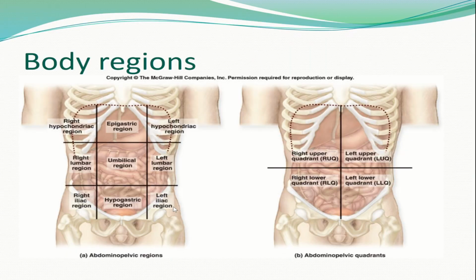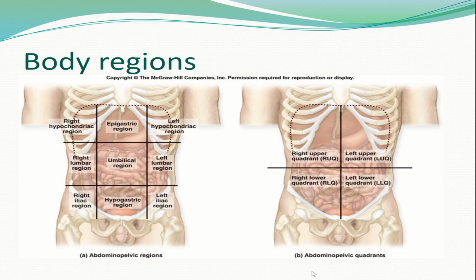This is another way to divide up the body and talk about how we find organs. So you might hear me talk about the right upper quadrant or the right lower quadrant. I'm just using these as a way to direct our movement around the body.